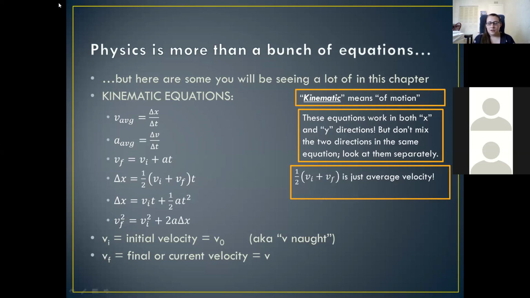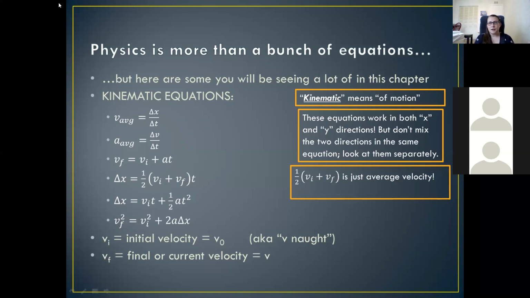And so when you take physics in college, especially if you go on to a grad school level, like I know some of you want to do, you'll have to create your own equations to explain the problems that you come up with.